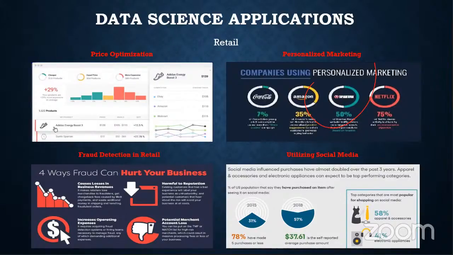If fraud comes up, what are the different ways that it can hurt your business? It can definitely bring loss to the business. It can harm the reputation of the business. It can cause certain loss from the partner's end, and it can increase the operational costs, right?